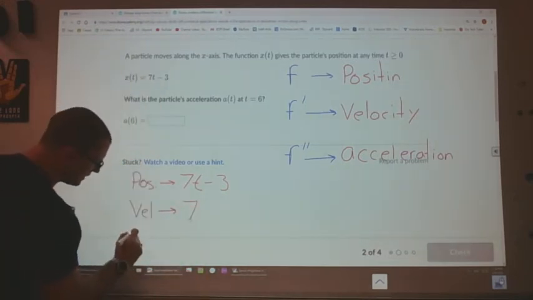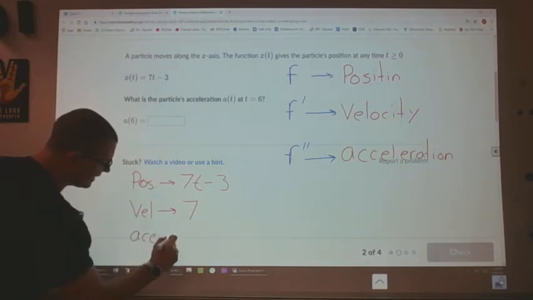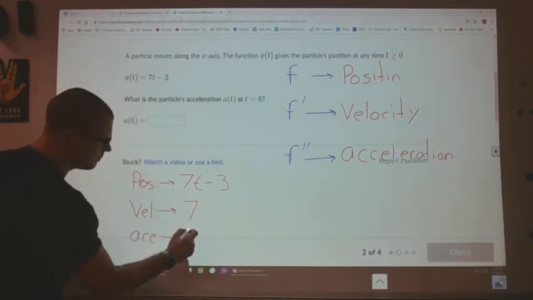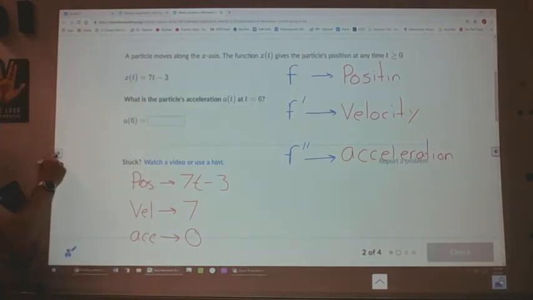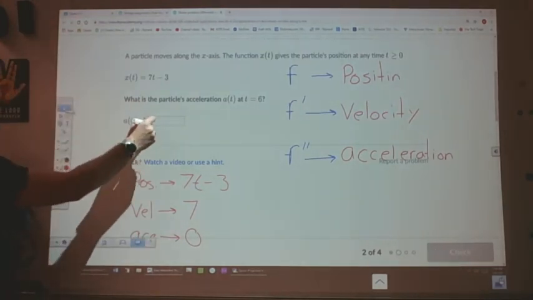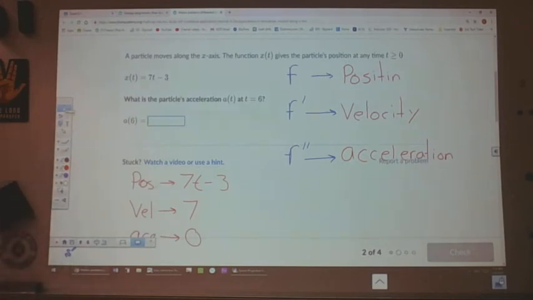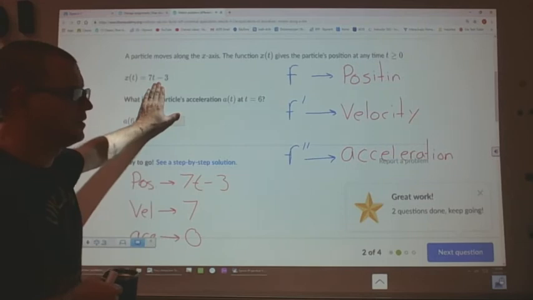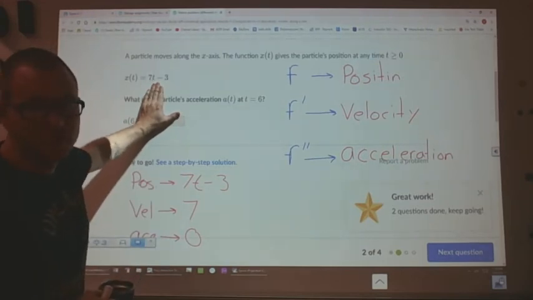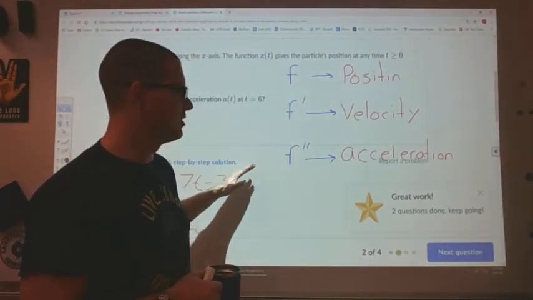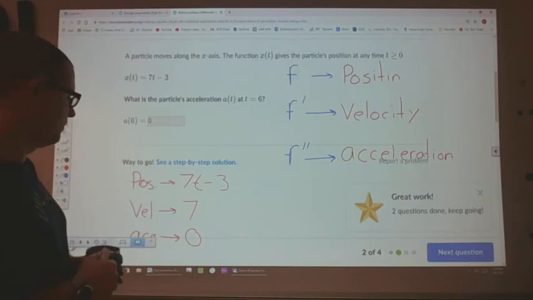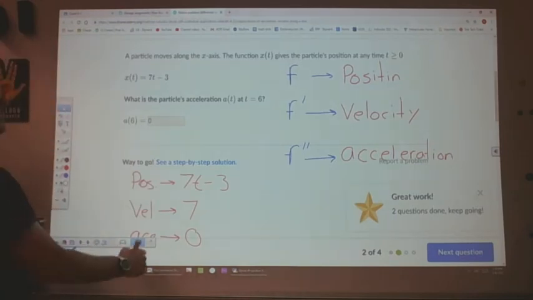And then we're going to take the derivative of that to get its acceleration function, which would be 0. So its acceleration at time 6 is 0. Which makes sense. That's a linear function. Linear models have a constant slope, which means they're not changing, they're not accelerating as time progresses. They're just keeping that slope the same. So its acceleration is 0.